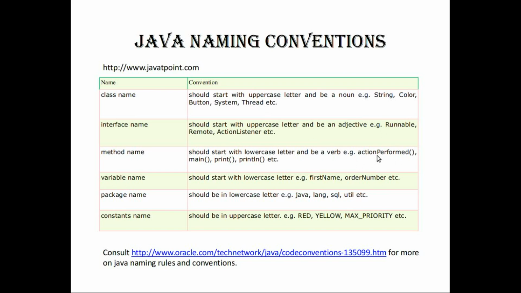And after that, if there are more words like actionPerformed, codeFinder, averageCalculator, or averageResolver, whatever you choose to name your method, the second word or any other word should be capitalized.